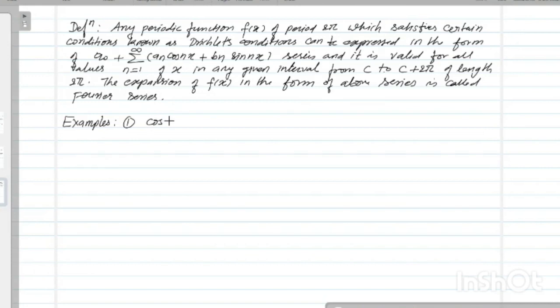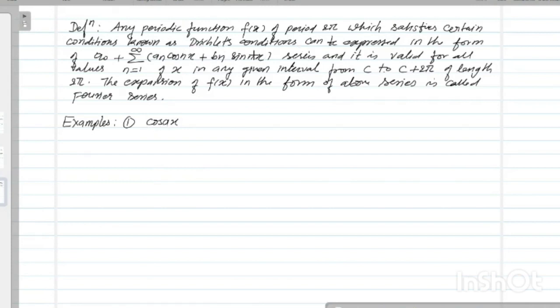We take cos ax. Cos ax can be expressed as a Fourier series. Why is this so? Because it satisfies all the conditions of Fourier series.